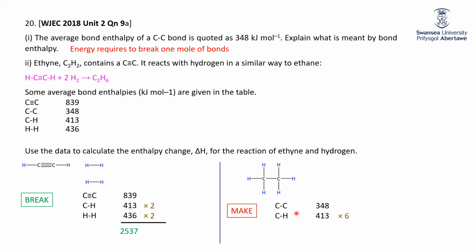However, it becomes easy to lose track of your bonds. So thus, especially under exam conditions, break everything and make everything from scratch. So add those up, 2826. Delta H is going to be the 2537 energy needed to break, minus 2826, the energy getting back out to make, so delta H is minus 289 kilojoules per mole.